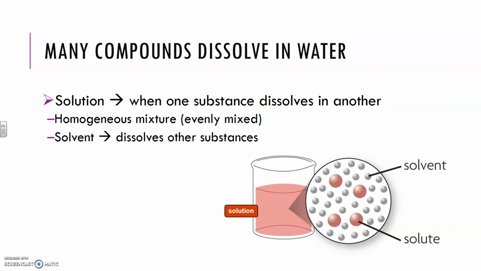So a solvent dissolves other substances, and a solute dissolves in the solvent. Whenever you have two gases that are mixed, the solvent is the one that there is more of, and the solute is the one that there's less of. So it makes it a lot easier to determine which is which.